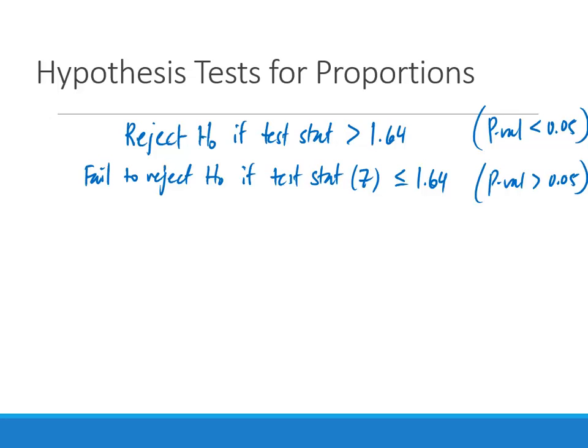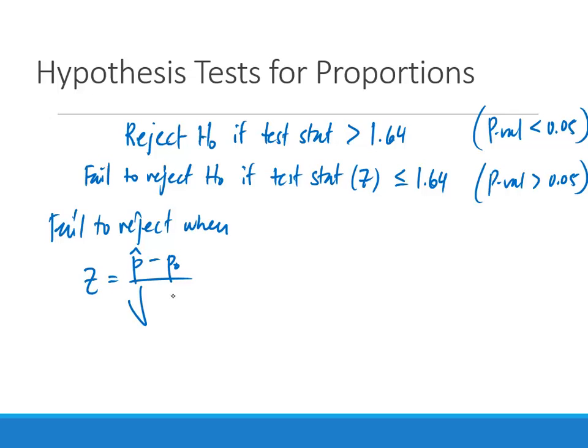So I want to know the probability that I fail to reject the null hypothesis given that p really is 0.25. So what value of my test statistic will I reject under our current test? I will fail to reject when z, which is my test statistic, p hat minus p naught, divided by the square root of p naught times 1 minus p naught over n, and here I'm solving for p hat.